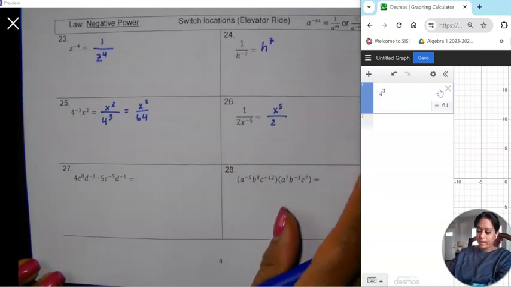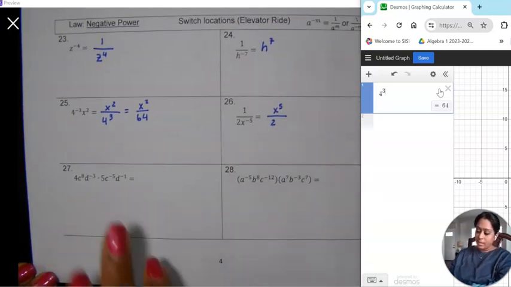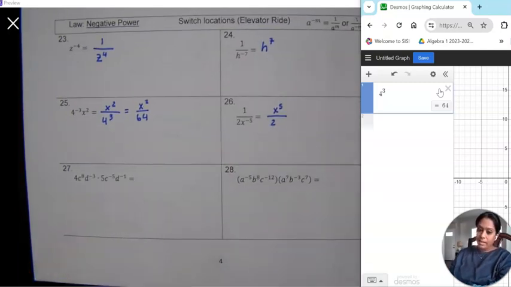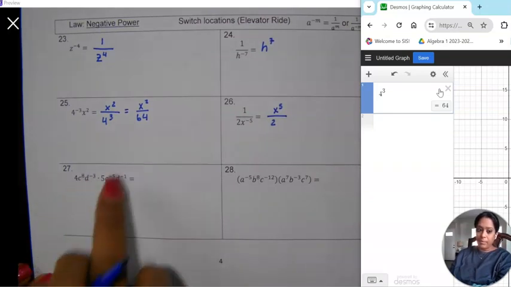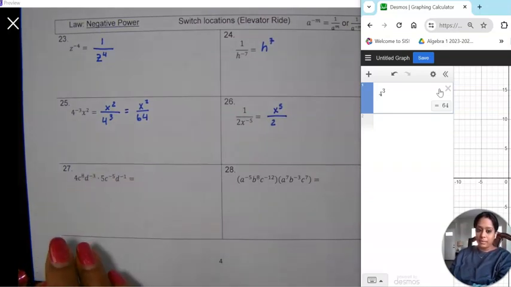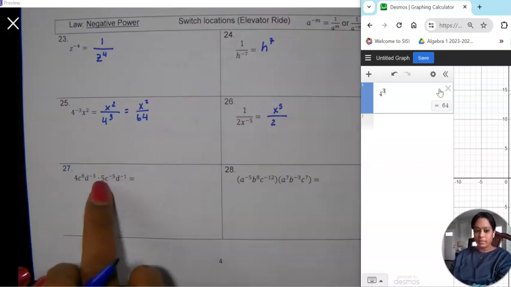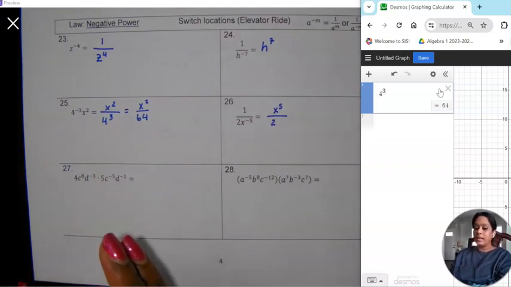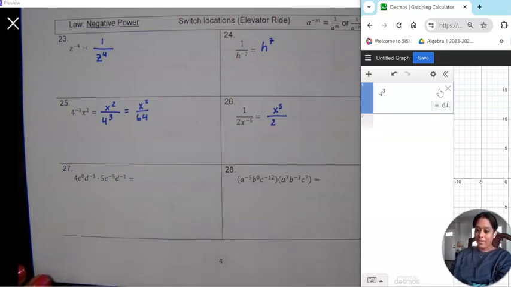Alright, there's a bunch of stuff going on here, so let's see what we can do. Before I move things up and down, well, there's no up, there's only down for the negatives, I'm going to use my power rule to combine my variables.